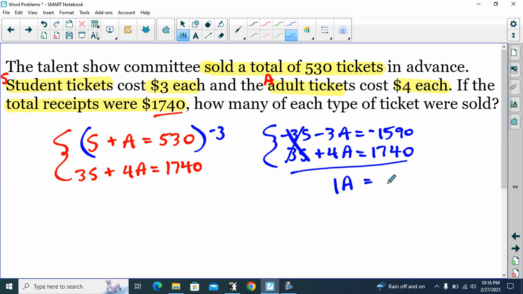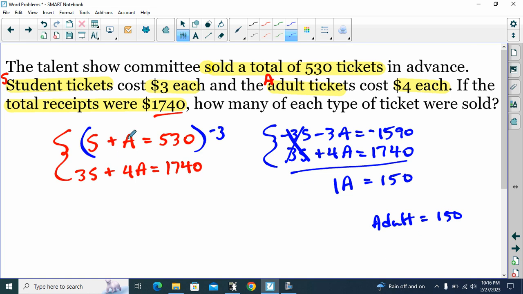And we found that each adult ticket, there were 150 of them. Adult tickets, 150. And now we need to find how many student tickets we sold.